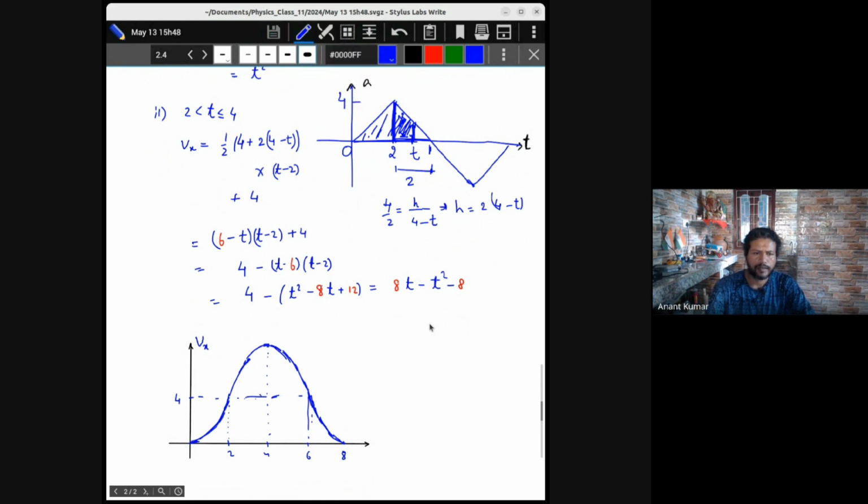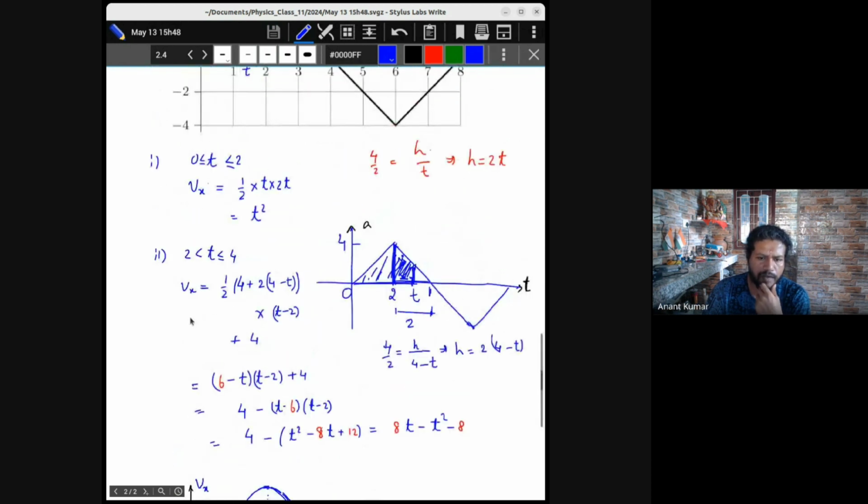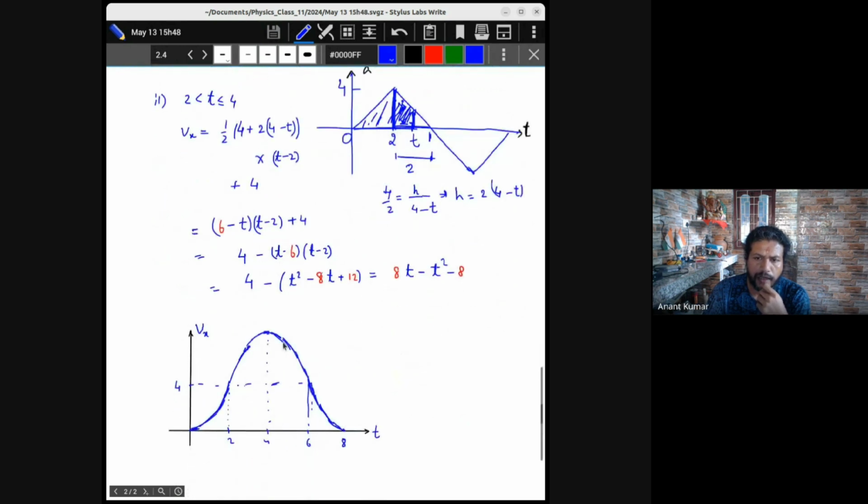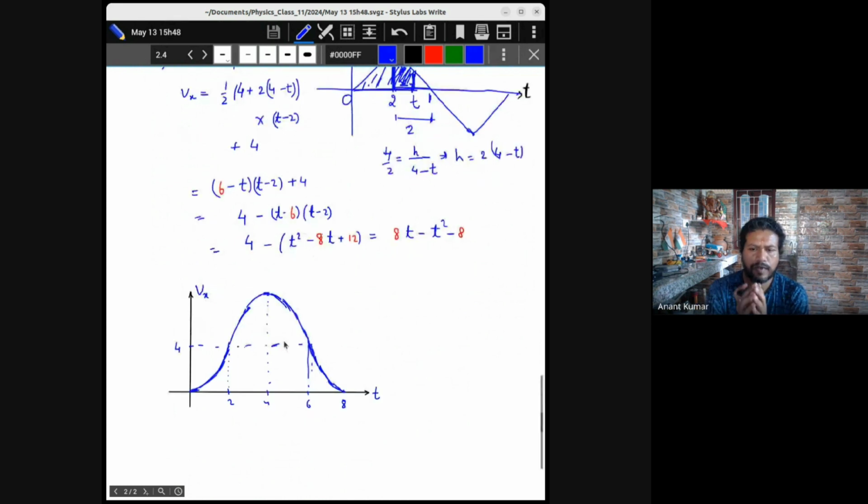Now the point is that, proceeding in a similar fashion, if I wanted the area under the graph for the velocity versus time. What we have just seen is that if you find the area under the acceleration versus time graph, you end up getting the change in the velocity. What about the area under the graph for the velocity versus time? We already know that it will give us the displacement.